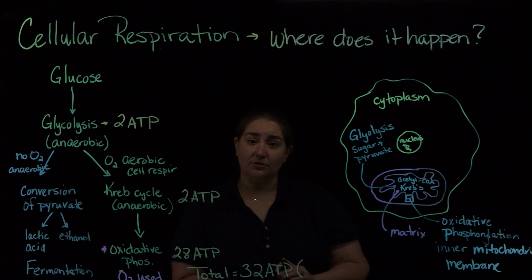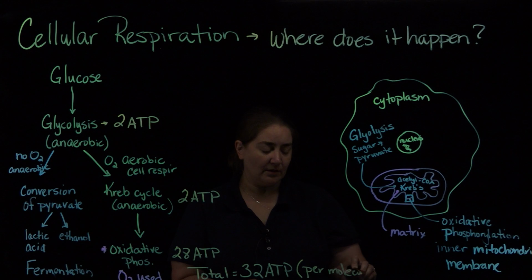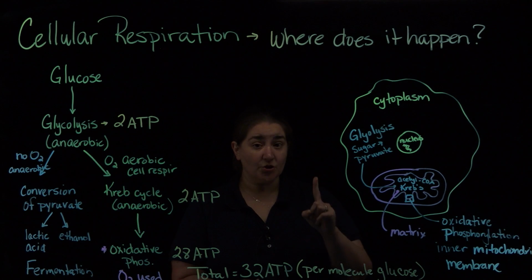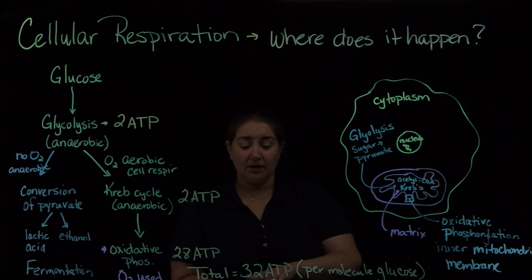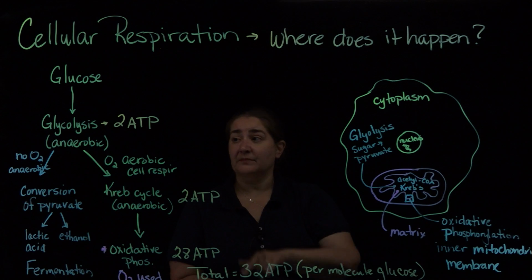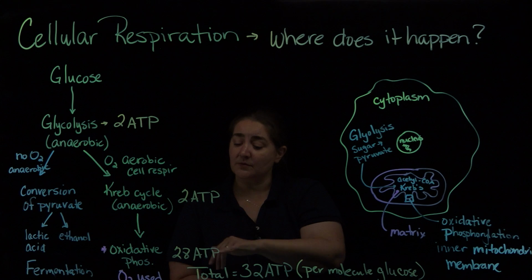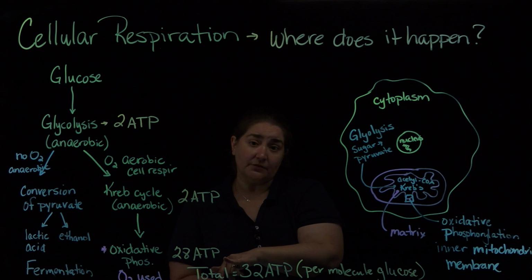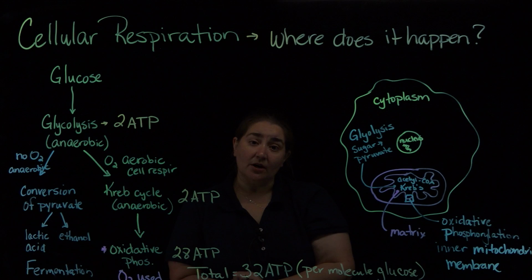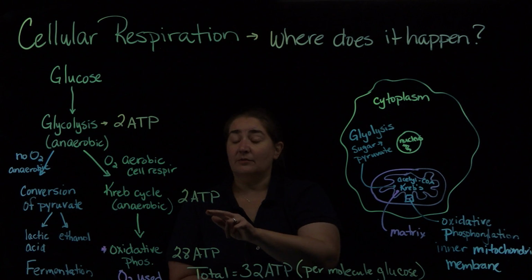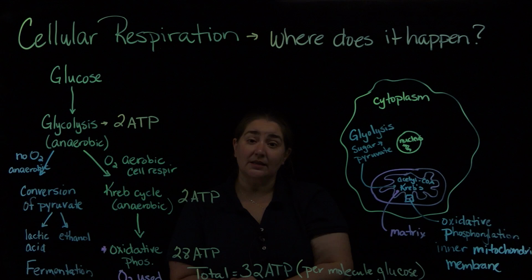Keep in mind this 32 number is per molecule of glucose. This is just from one sugar molecule, one monosaccharide, one glucose. You're going to generate 32 total ATP. We've got 2 in glycolysis, 2 in the Krebs cycle, 28 in oxidative phosphorylation. There's going to be a lot we're going to talk about in oxidative phosphorylation, and a lot to talk about to get those 2 ATP out of the Krebs cycle.